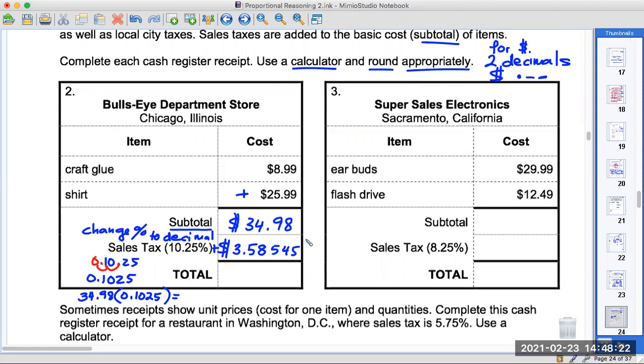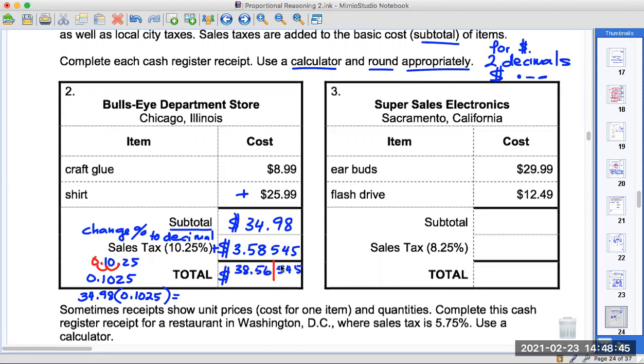34.98. And now we're going to round, watch, giving you a short lesson in rounding. Your number looks like this, 38.56545. So we're going to cut off here, 2 decimals.